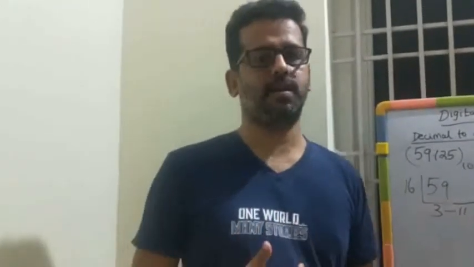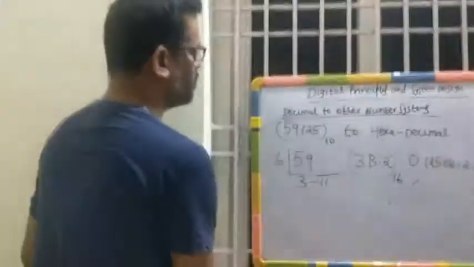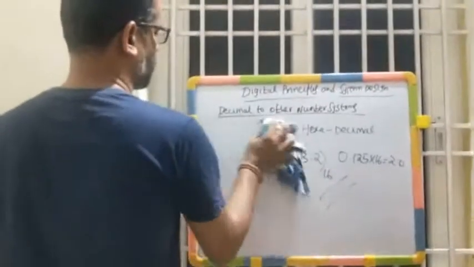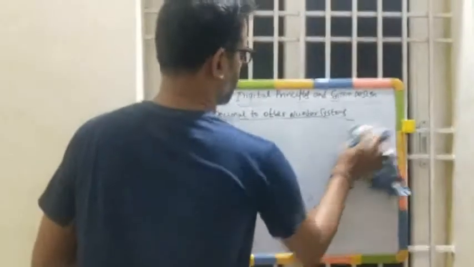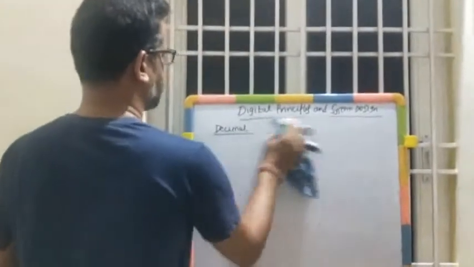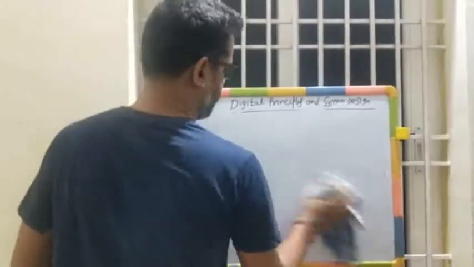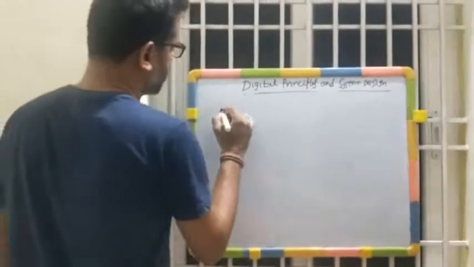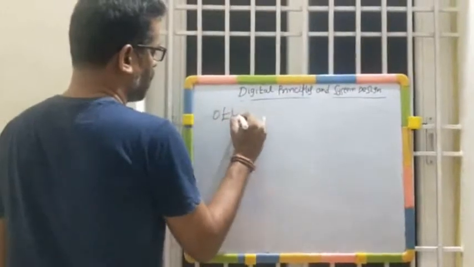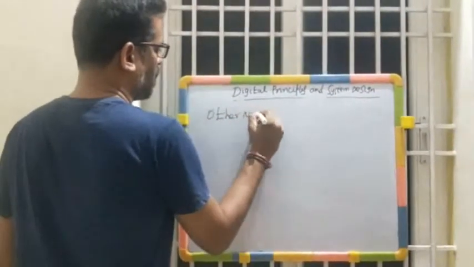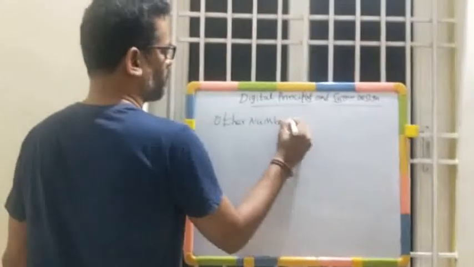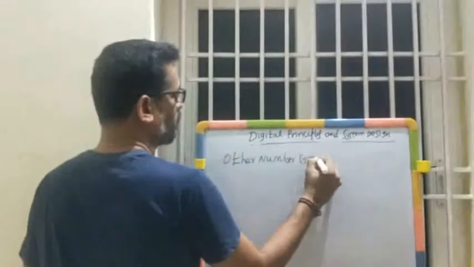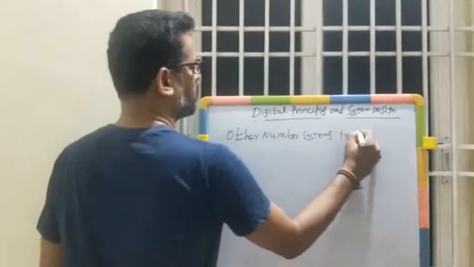Now we'll see the second category of conversion: other number systems to decimal.